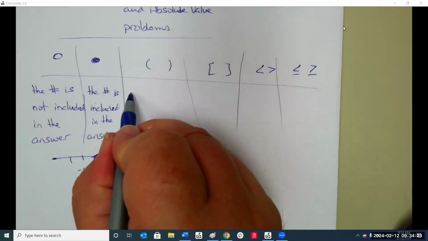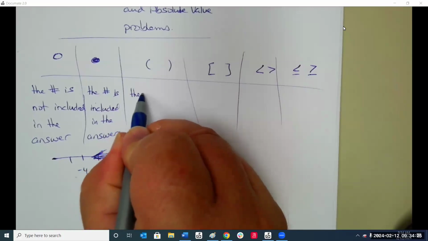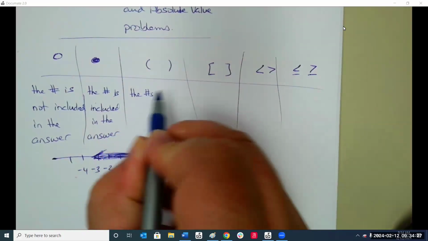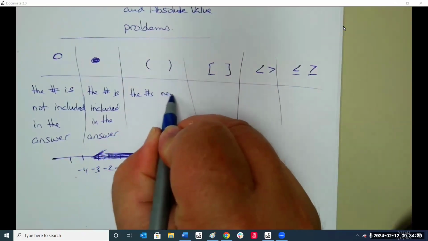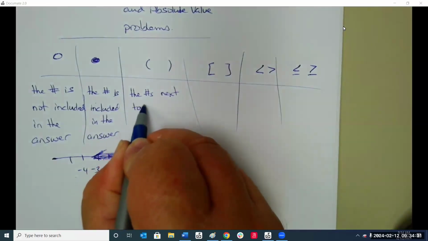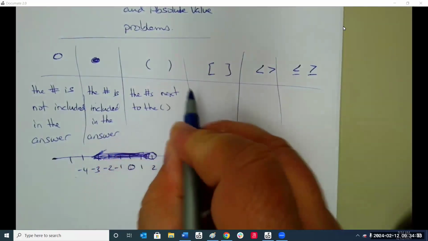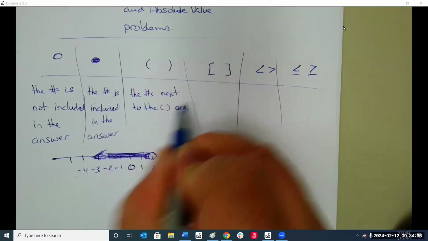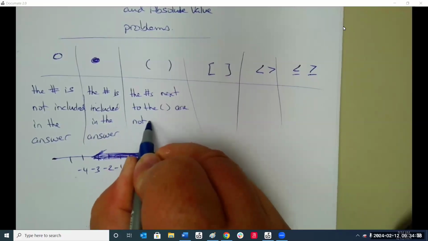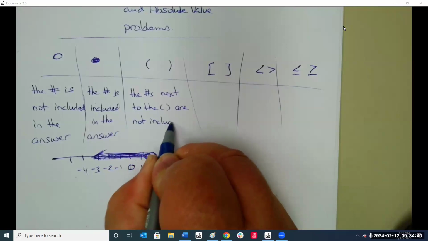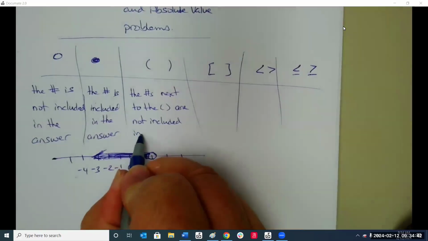Parentheses. The numbers next to the parentheses are not included in the answer.